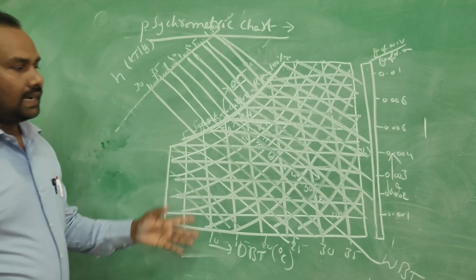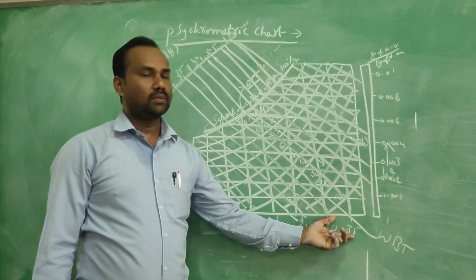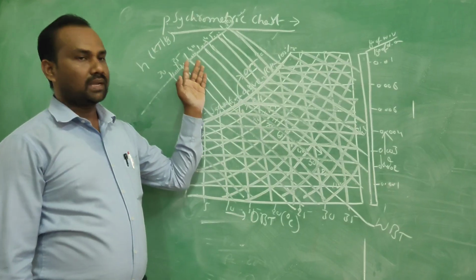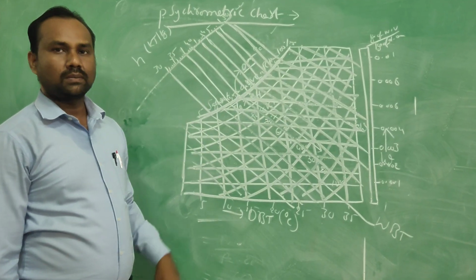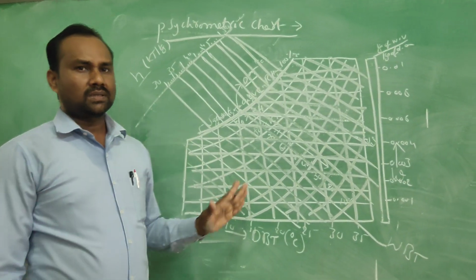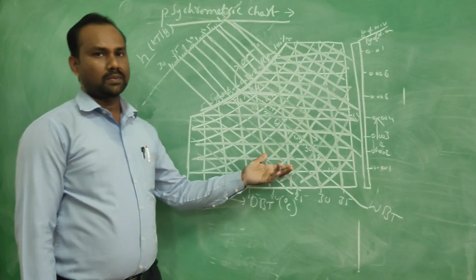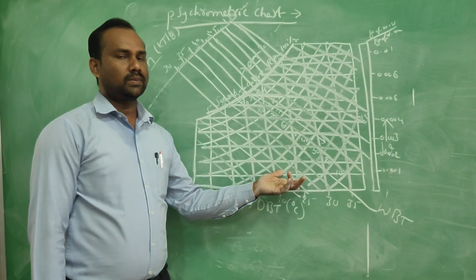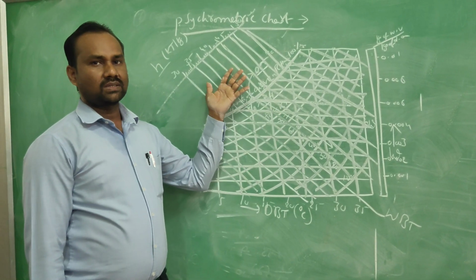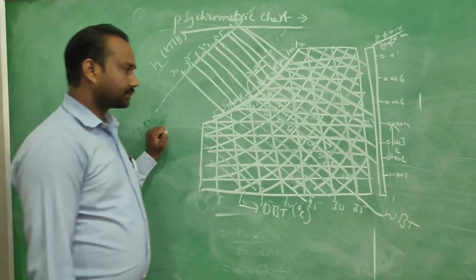So inclined lines within the psychrometric chart are called WBT lines, and if we extend them above the saturation curve, there is a predefined scale called enthalpy value. So in the psychrometric chart, enthalpy lines and WBT lines are one and the same. Within the chart, an inclined line is a WBT line. Outside the saturation curve, it indicates the enthalpy values.